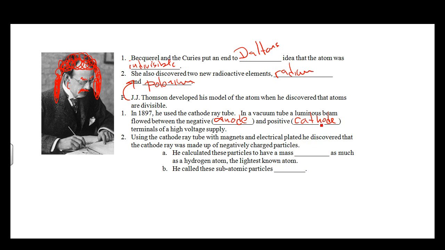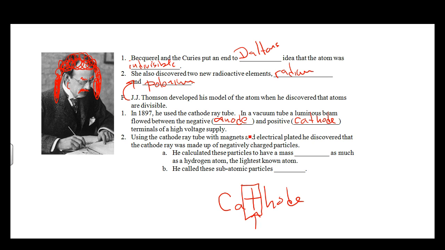You can tell the cathode is positive because it has a plus sign in the middle. There's the positive sign. The terminals of a high voltage supply were used with a cathode ray tube with magnets and electrical plates.